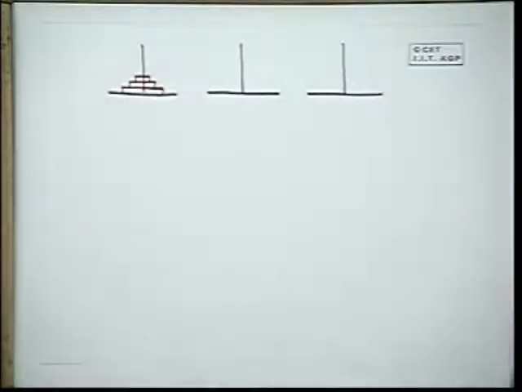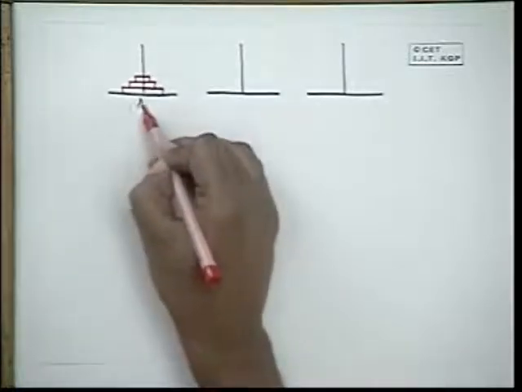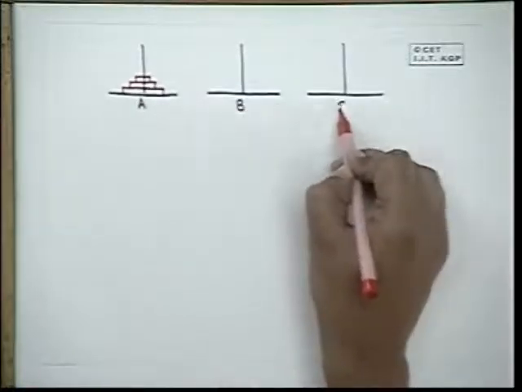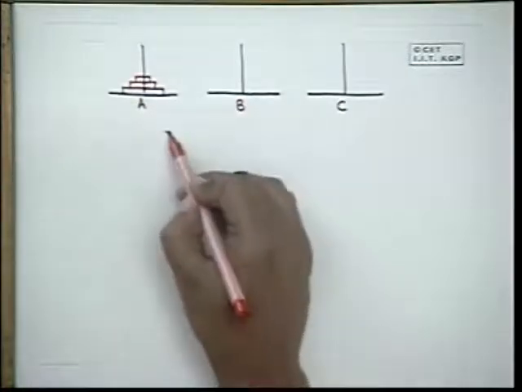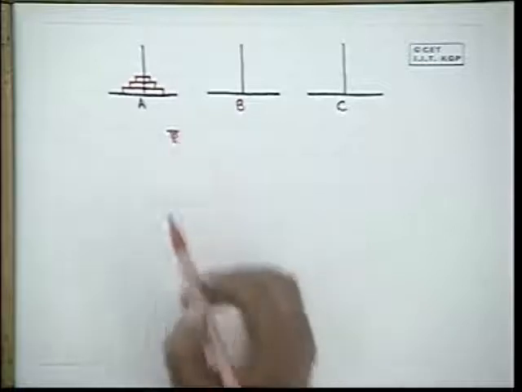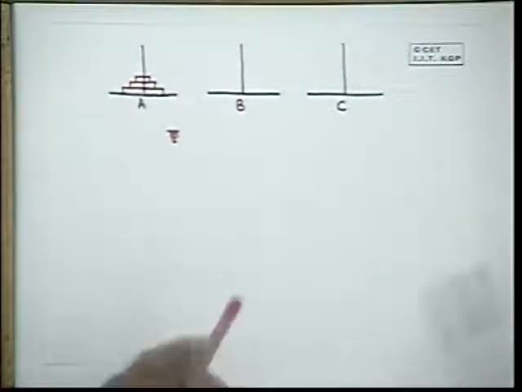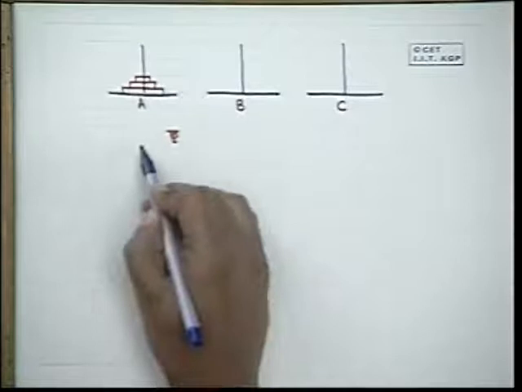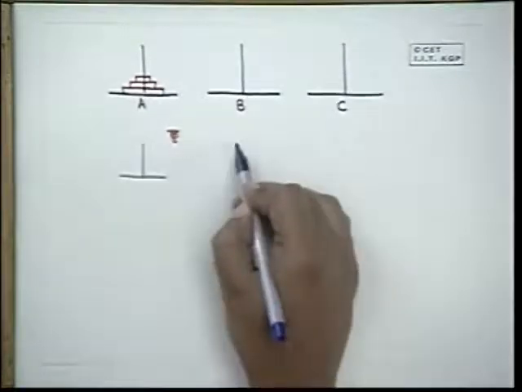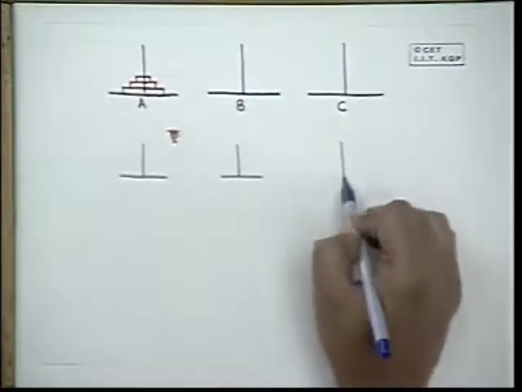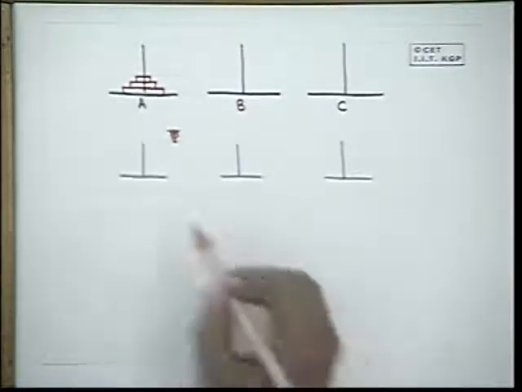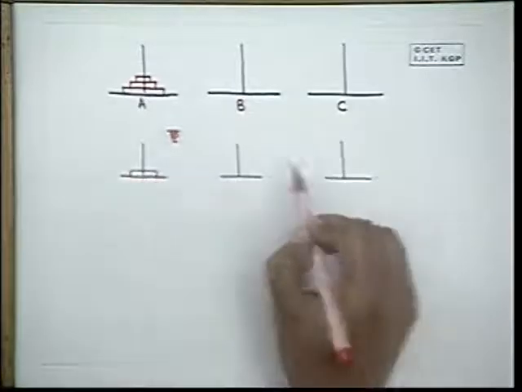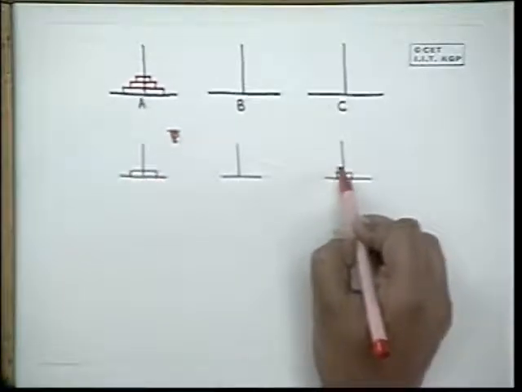This was the original position, A, B, C. So to solve the Tower of Hanoi 3-disk problem, we obtain the configuration first like this. Look, now we are not looking at it element by element. Slowly we are looking at it sub-problem by sub-problem.